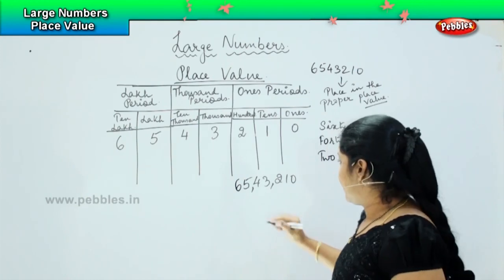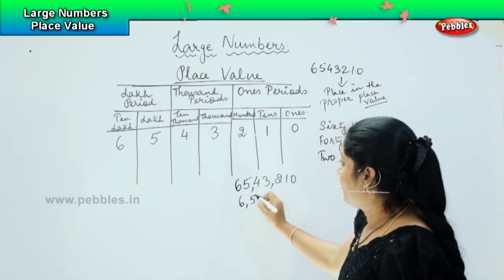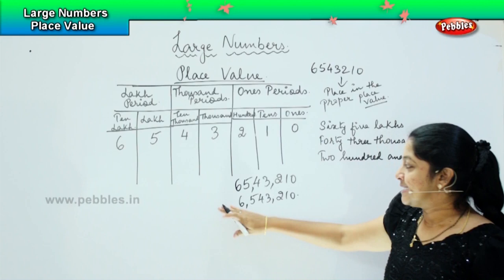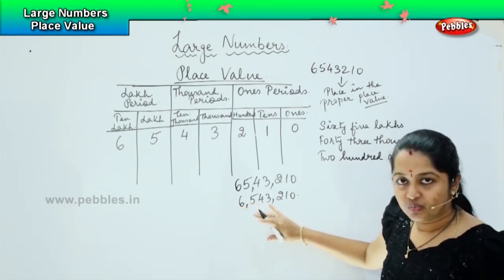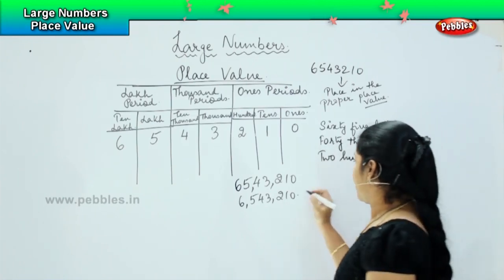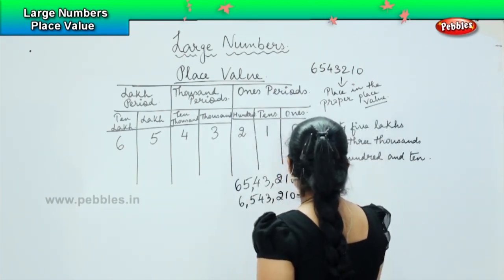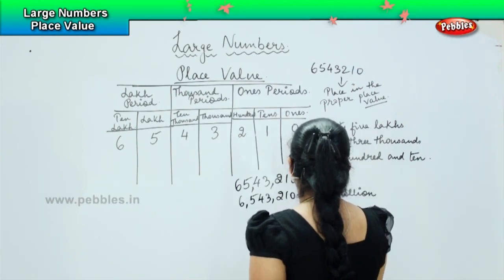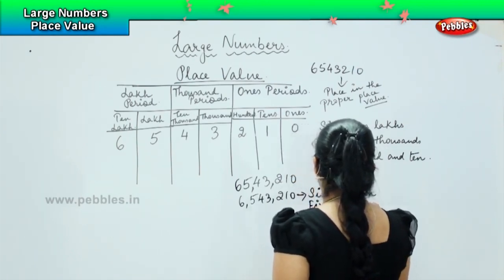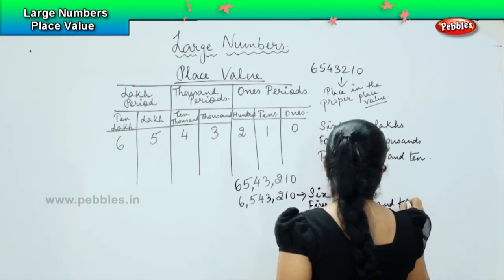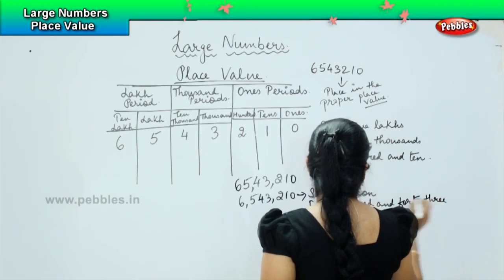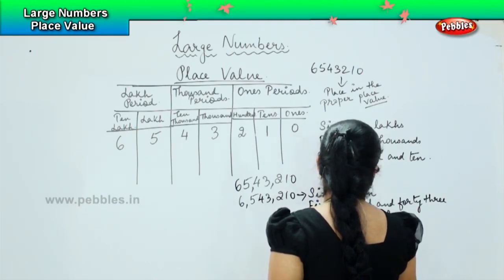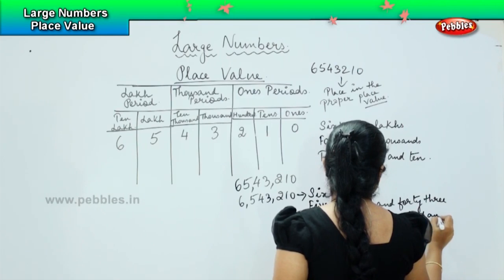So the same thing will be written as 6, 5, 4, 3, 2, 1, 0, which means it becomes 6,543,210.